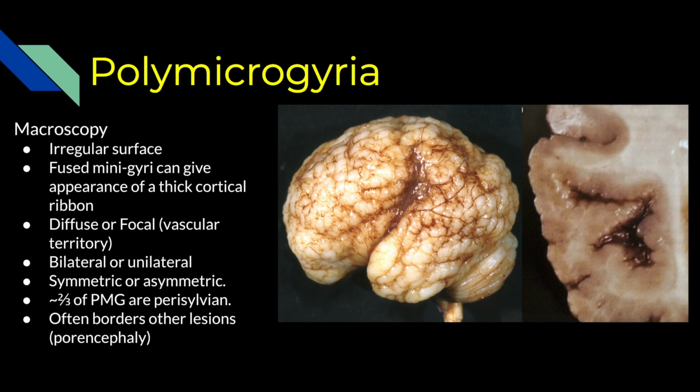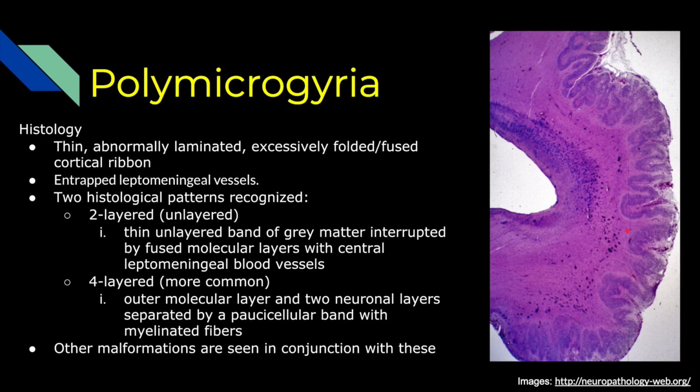Here's another picture, again highlighting the Moroccan leather appearance on external exam. And when you cut the brain, you can see these miniaturized gyri forming, which gives it its very appropriate name. Histologically, when you cut and stain these sections, you get this very convoluted cortical pattern, as shown here.